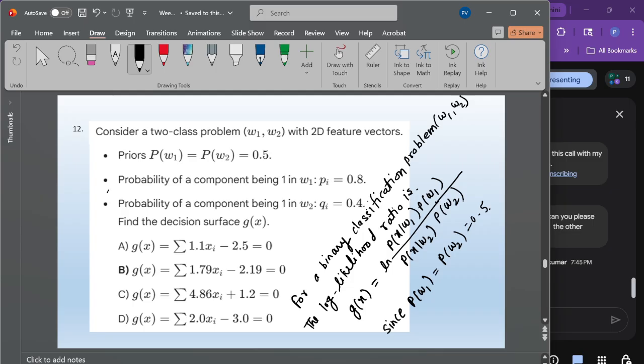For independent features, the likelihood is the product of the individual probabilities.